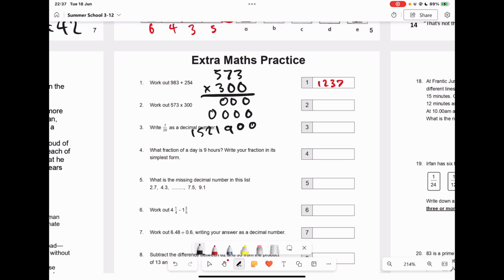So we get the answer of, just quickly cross this out. Carry the 2. I got a bit carried away with that one. And our answer will be 17190. Okay, so the answer will be 171,900.